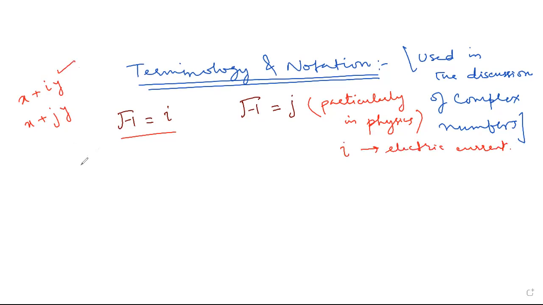So in coming lectures, we will be using this notation of a complex number, where instead of iota, we use j to denote square root of -1, right?